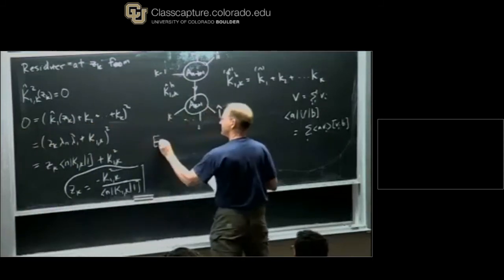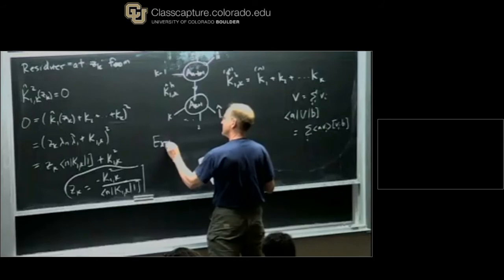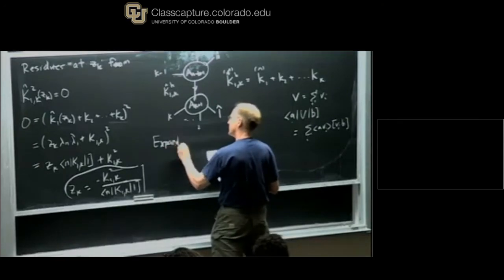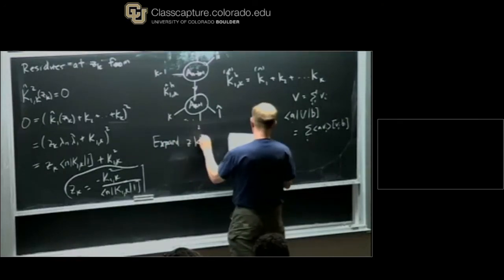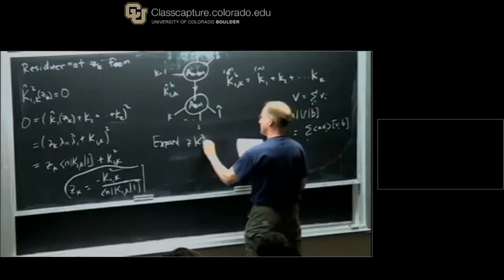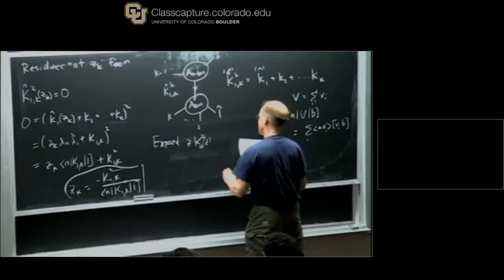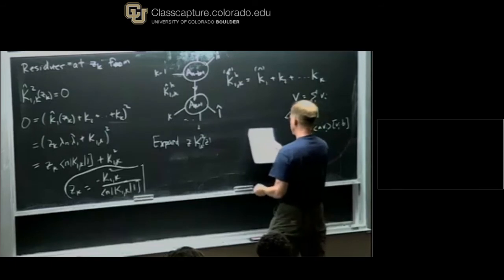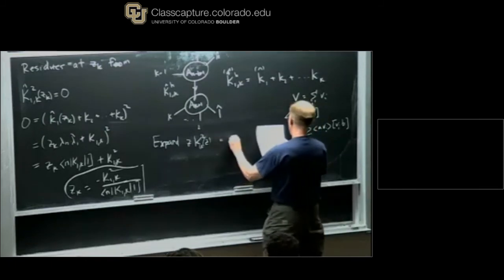So the last thing we need to do to calculate the residue is to expand z times K squared of z, and that you can work out.